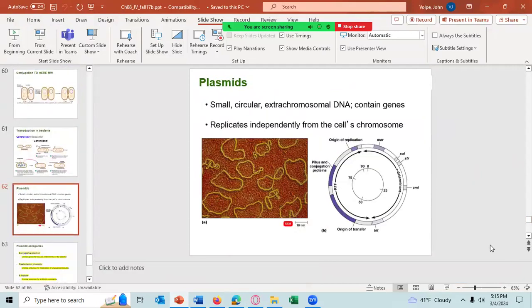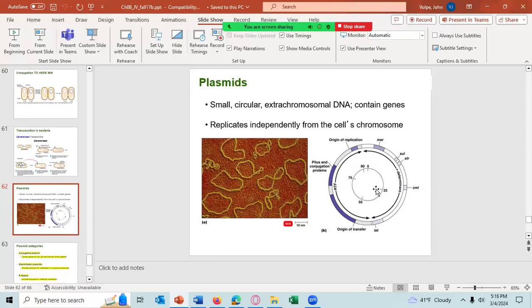All right, let's talk a little bit about plasmids. Plasmids are small circular pieces of DNA that we call extrachromosomal because they're not part of the chromosome. They do contain genes, and in a sense, they're the same as the bacterial chromosome, in that it is circular DNA. Obviously, the chromosome is not small.